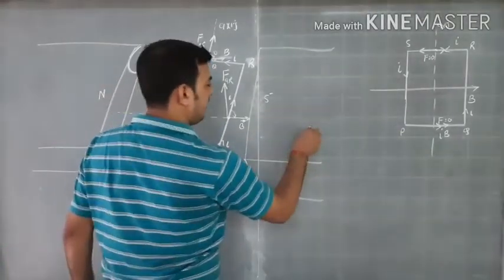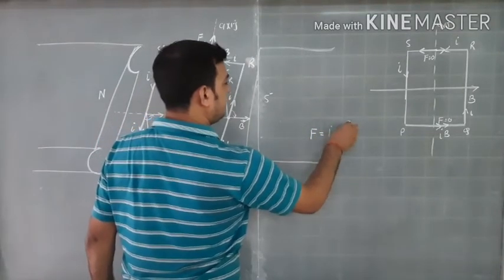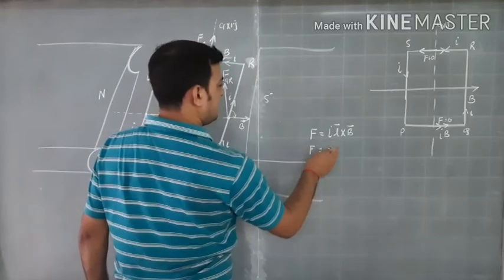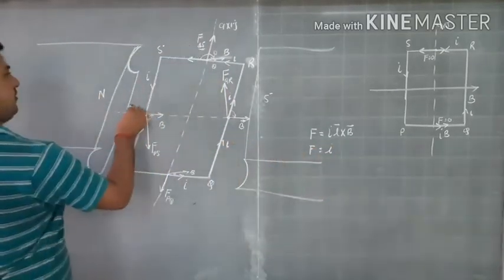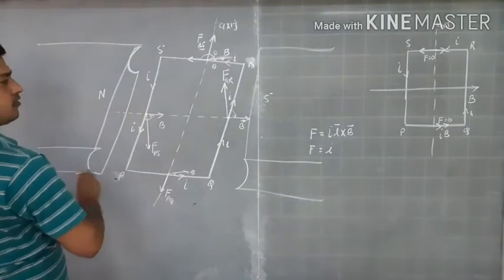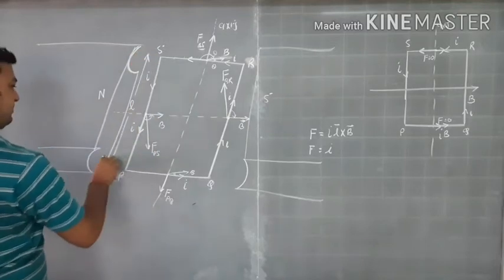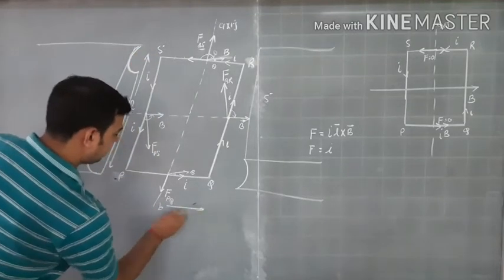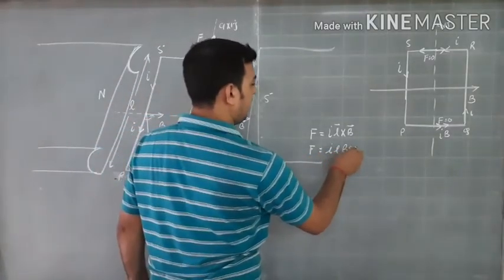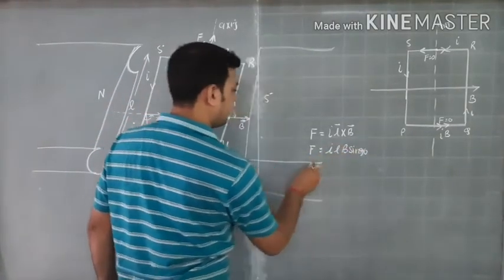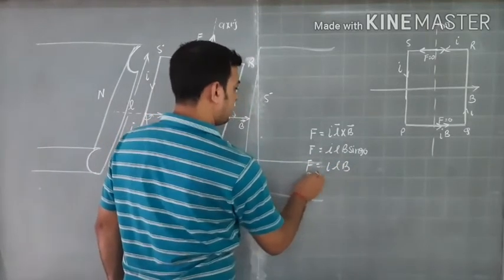We know that F equals I L cross B. L means the length; I will take the length of this coil as L, and the breadth of this rectangular coil is B. So this is LB, and the angle is 90 degrees, so the force is ILB, and that is the maximum force.